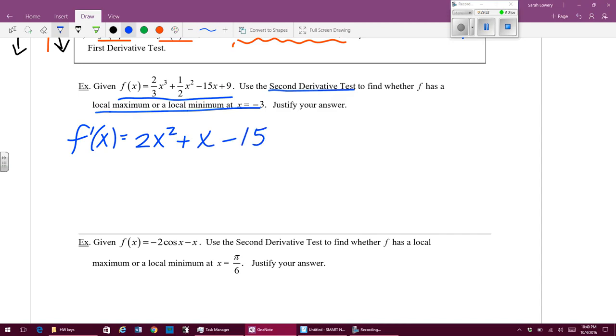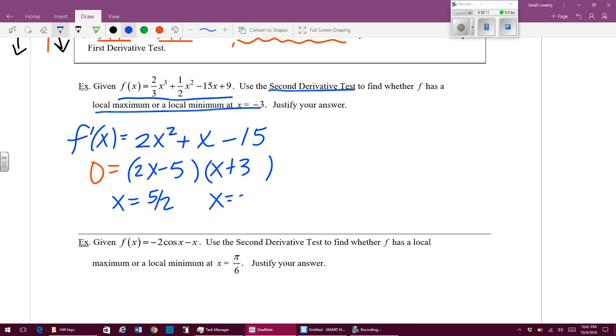Now we're still going to take this and set it equal to 0 because I need critical points. This factors into 2x minus 5 and x plus 3, giving me critical points of 5/2 and negative 3. Now here's what we're going to do with these.